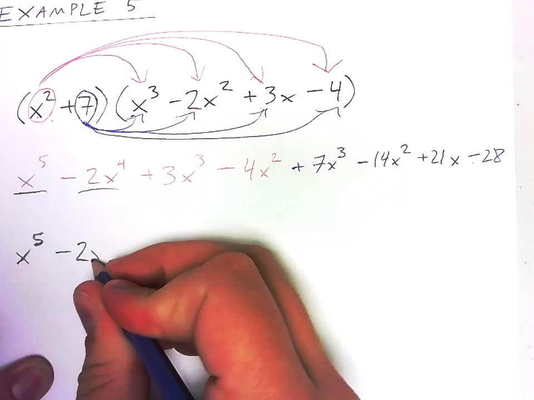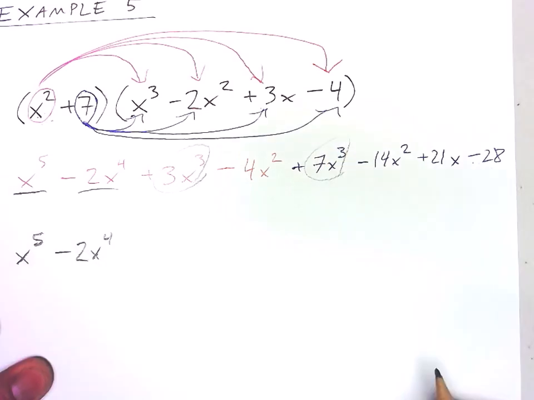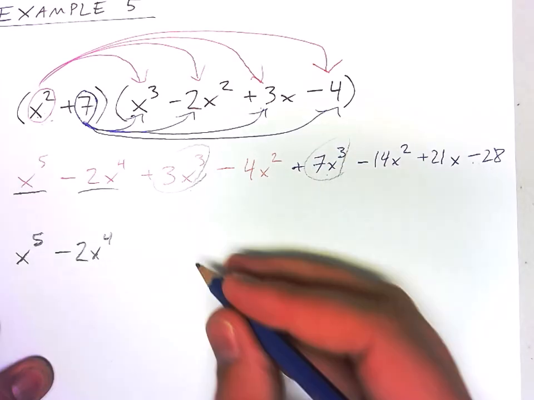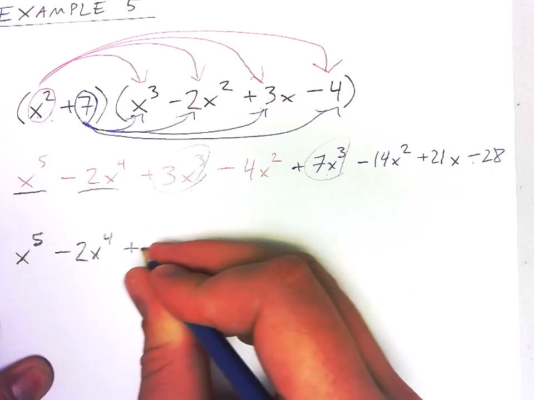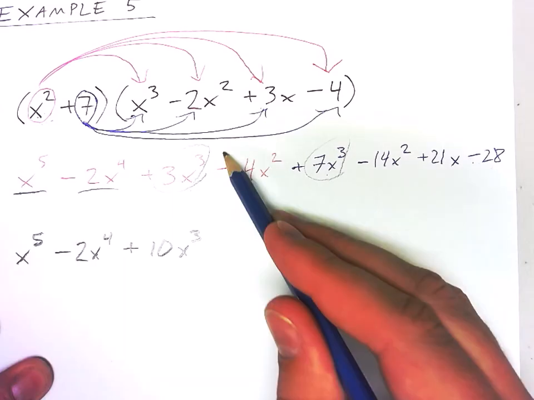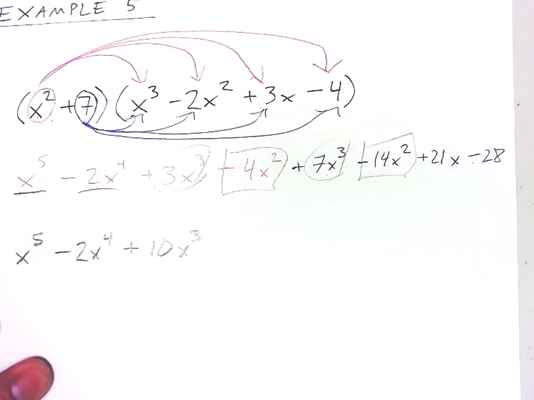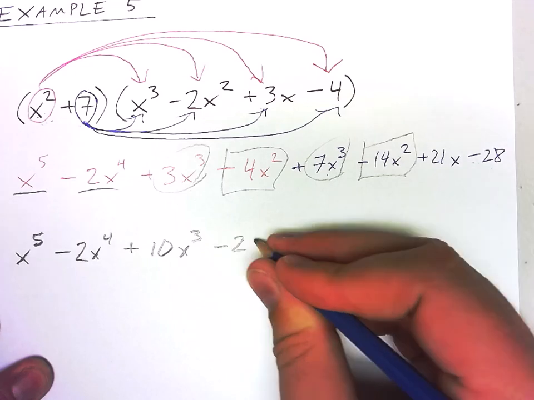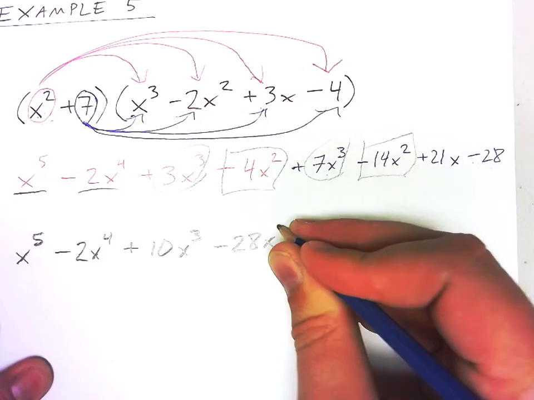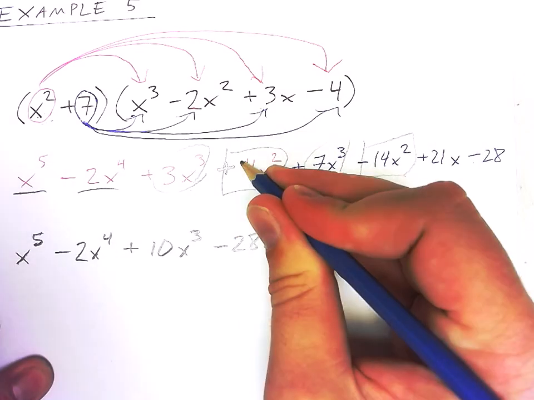Then x to the fourth, there's also only one x to the fourth, minus 2x to the fourth. There are 2x cubed pieces, so 3x cubed plus 7x cubed, that's going to be 10x cubed. And then negative 4x squared and negative 14x squared will add to negative 28x squared.